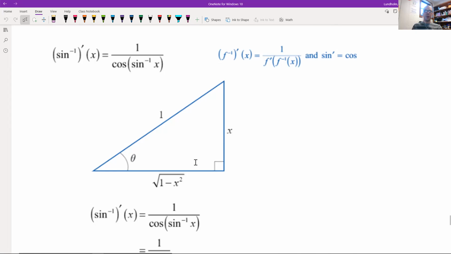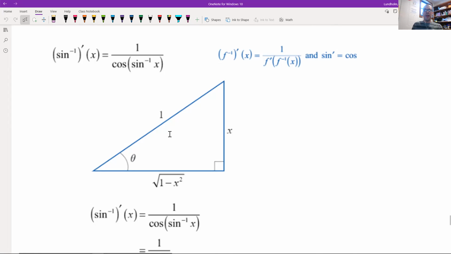And so what we can do is build a triangle where the sine of theta is equal to opposite over hypotenuse, and the opposite is x, and the hypotenuse is 1.